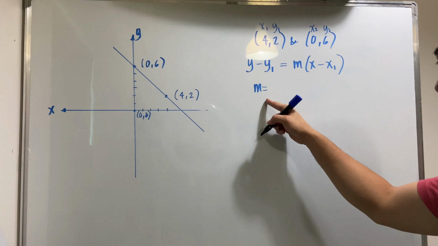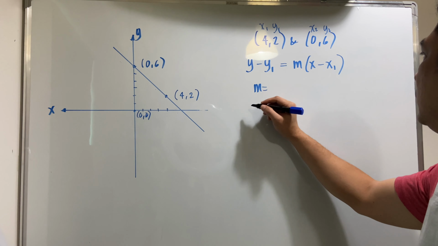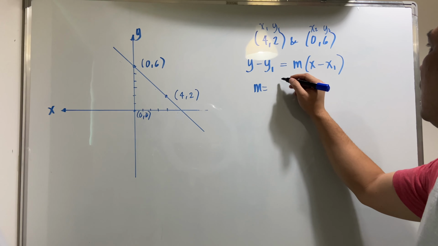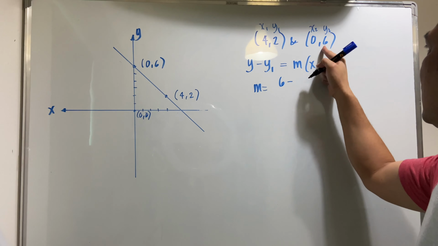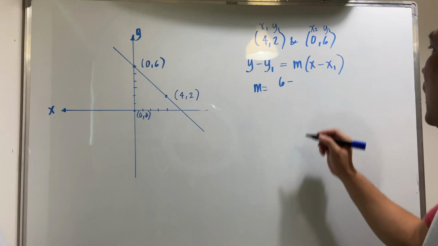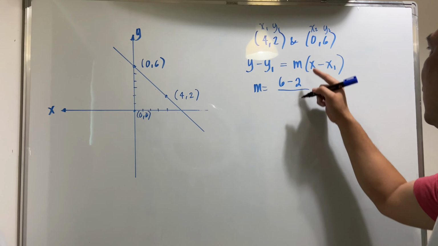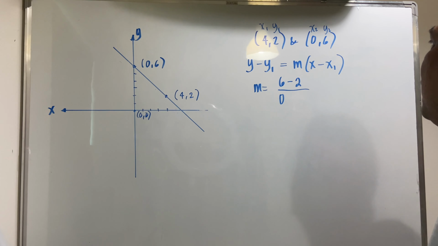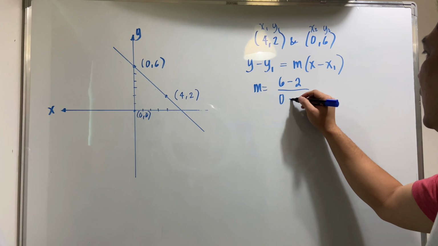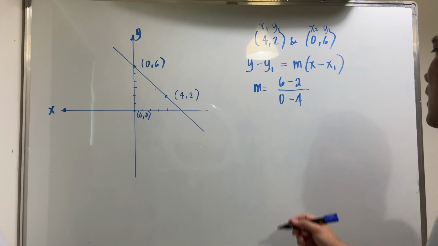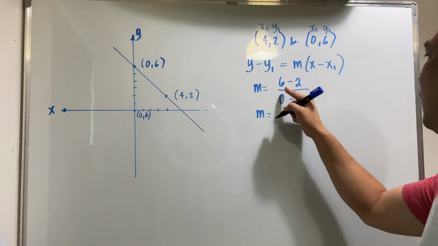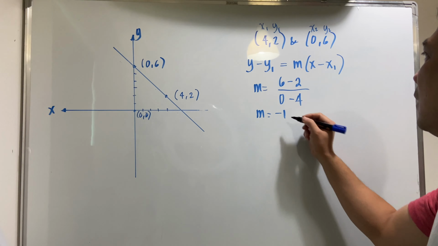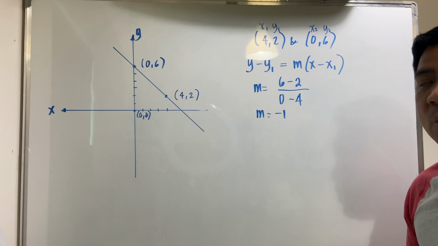Your slope is y2 minus y1, so 6 minus 2, over x2 minus x1, so 0 minus 4. That means you have 4 divided by negative 4, so your slope is negative 1.